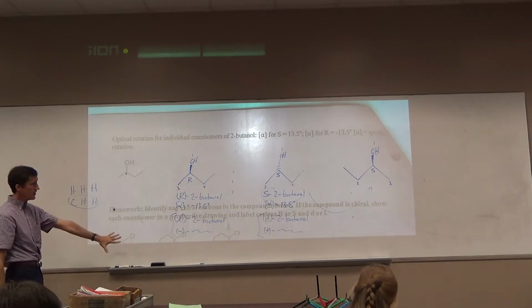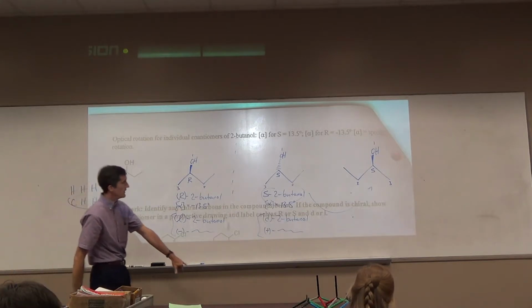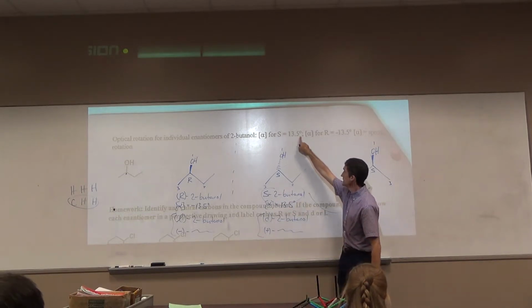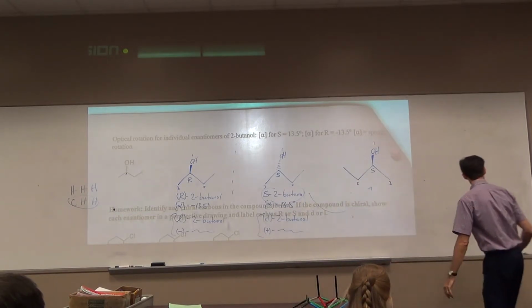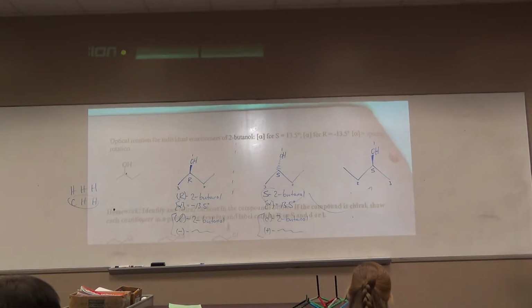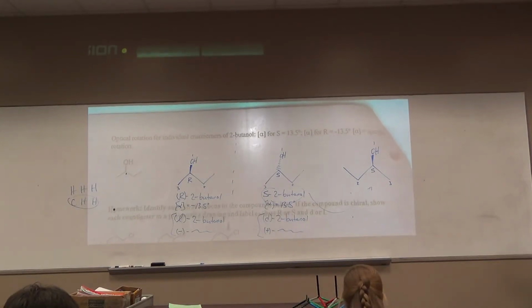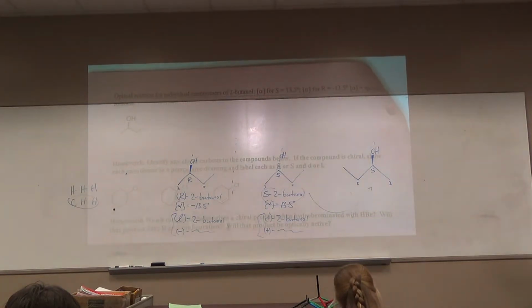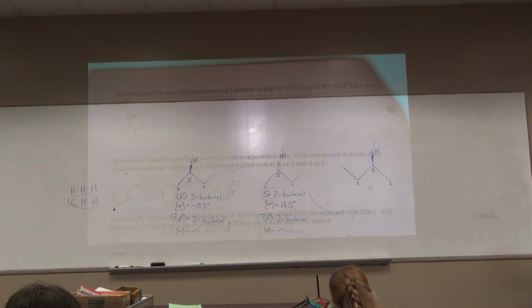All right, now down below, in pre-lab, we'll do some calculations using this number here, 13.5 for that one. But that specific rotation becomes a physical constant for that compound and the two enantiomers there. Because chiral compounds are optically active. They rotate plane polarized light in equal and opposite directions.